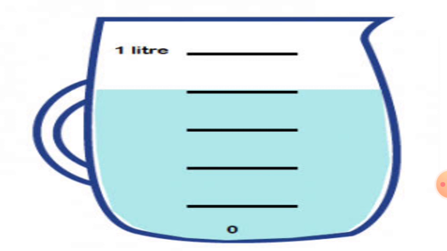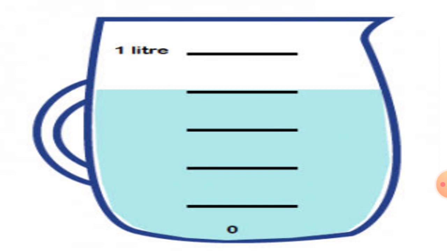And that is how you keep counting till you get to what? 1 liter. So when we add 200 plus 200 plus 200 plus 200 plus 200, it will give us 1,000. And 1,000 milliliters is equal to 1 liter. I hope I am making sense.